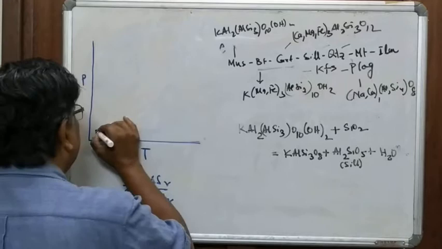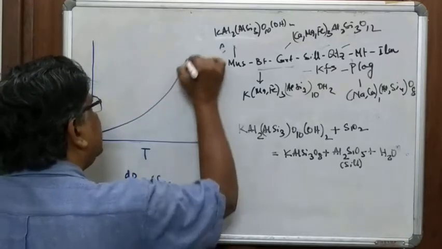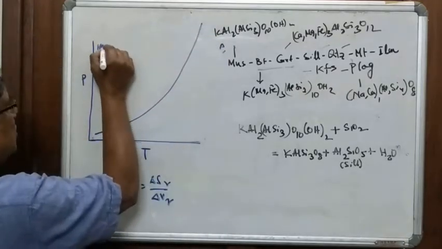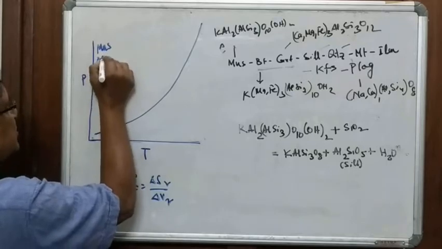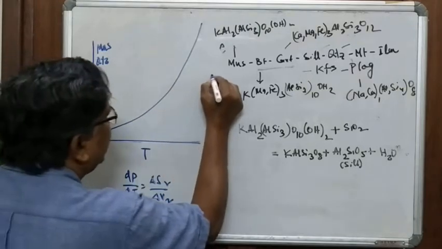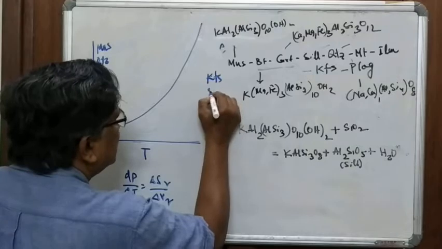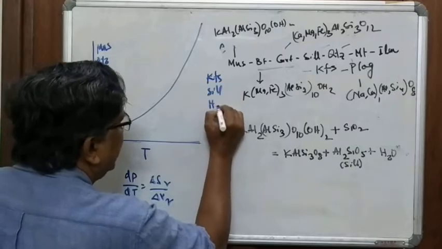So the reaction has a slope like this, where you have muscovite, quartz, and you have K feldspar, sillimanite, and H2O.